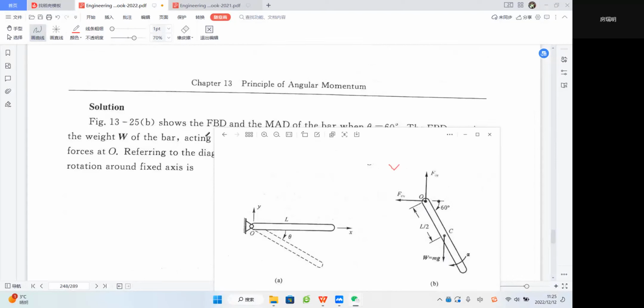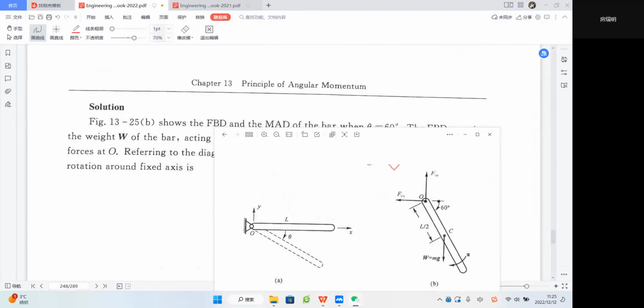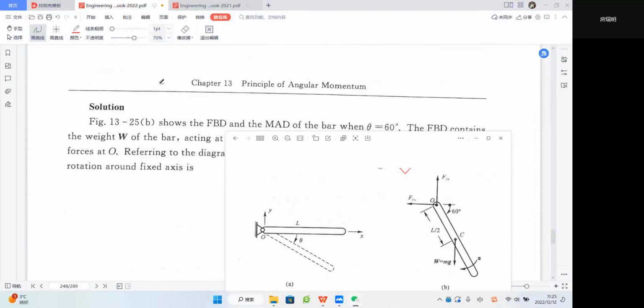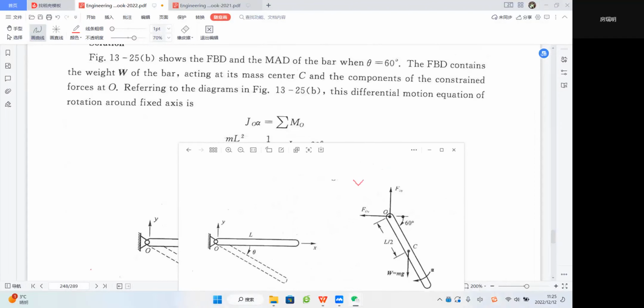When we finish our learning of chapter 11, we should use another method to find this answer. Maybe we will have time to do this. But here we just use the differential equation of a rigid body rotating around a fixed axis.